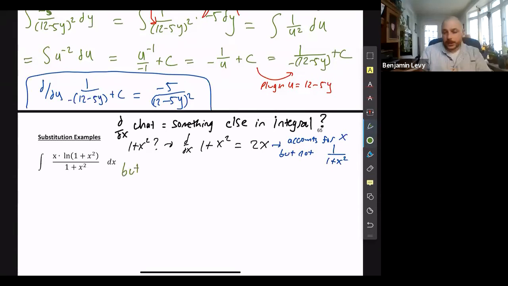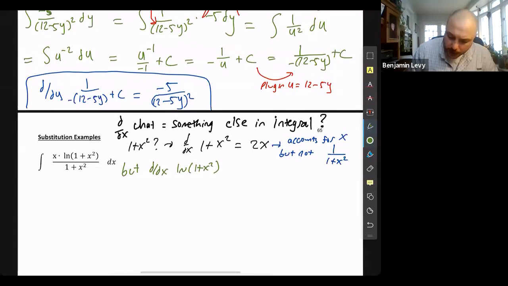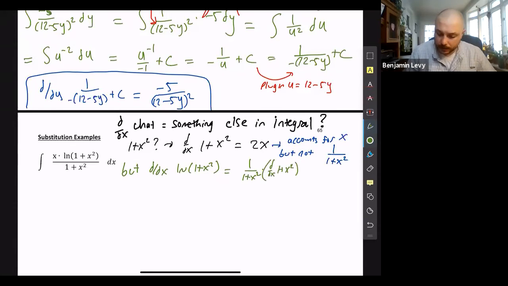So 1 plus x squared didn't work, but if I differentiate natural log of 1 plus x squared, right, it's a chain rule. Let me do the details. It would become 1 over what's inside there, which is good. And then you multiply by the derivative of the inside piece, which is also good because we're going to get an x out of that.